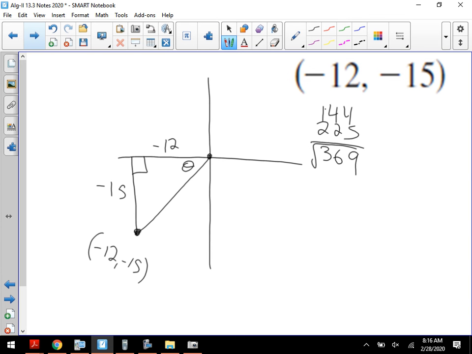So that one kind of stinks a little bit. Now I'm looking at it, and I'm thinking perfect squares. Does 9 work? Check it. If I check 9, what's this divided by 9? That'd be 41, because 9 goes into 36 four times, and 9 goes into 9 once. So my hypotenuse would be 3 root 41.